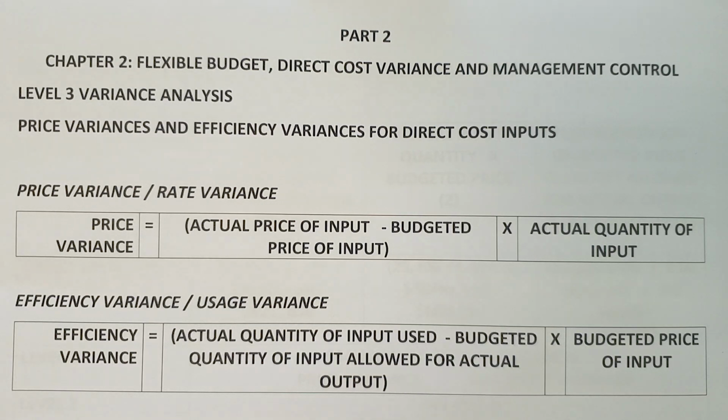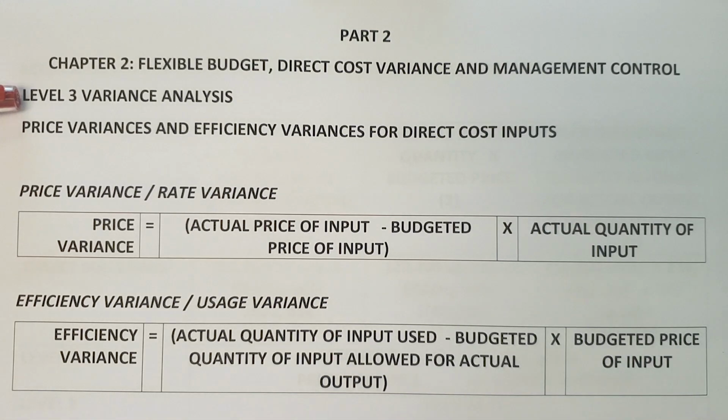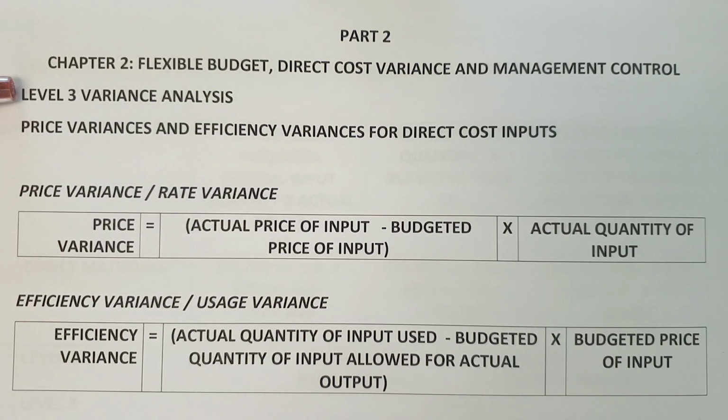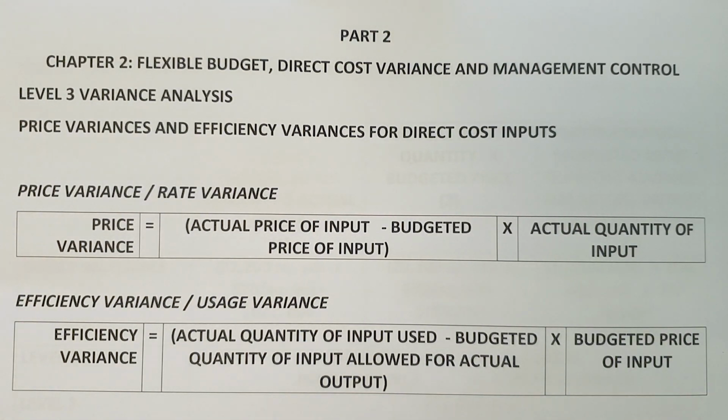This is the lecture for chapter 2, flexible budget, direct cost variance and management control, specifically on level 3 variance analysis. I have already covered level 1 and level 2 in part 1 of this topic, and in this video I'm going to cover just level 3 of the variance analysis.